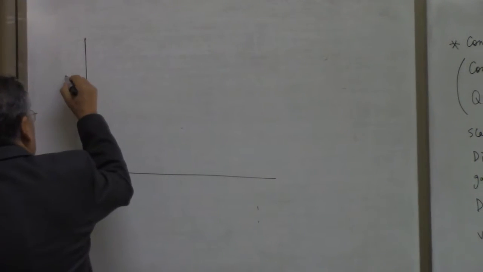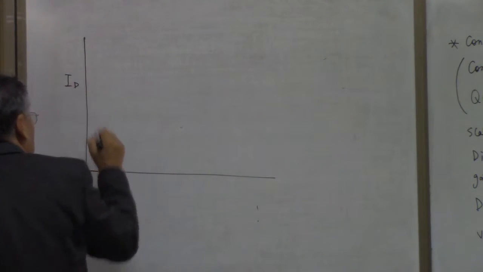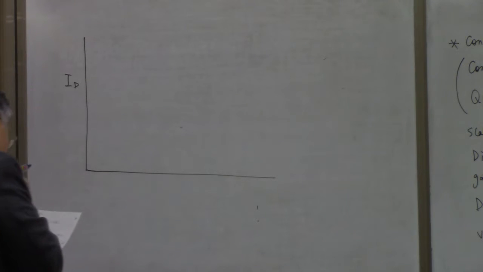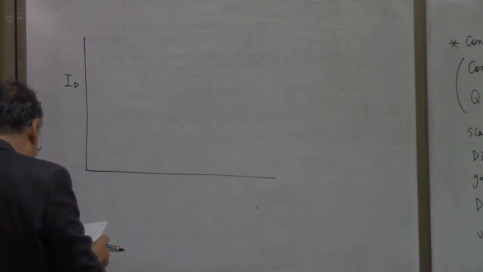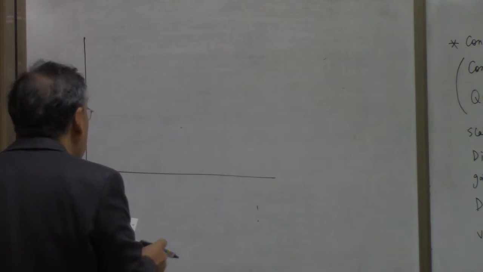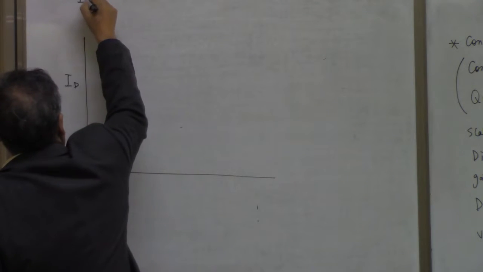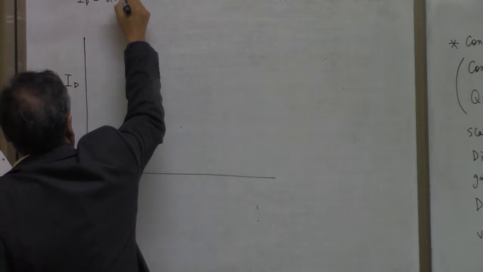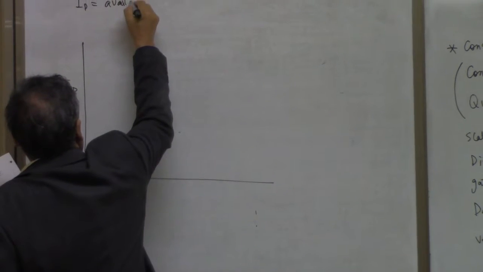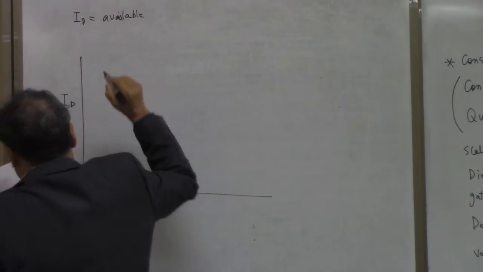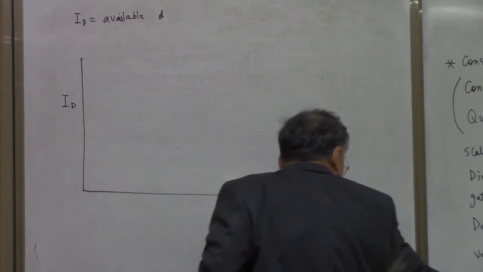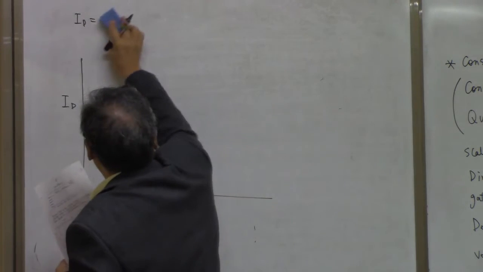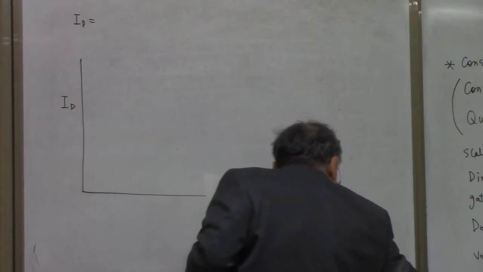And if you say this is the drain current, ID here is the available drain current.